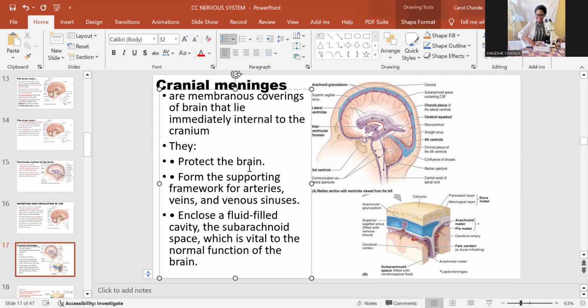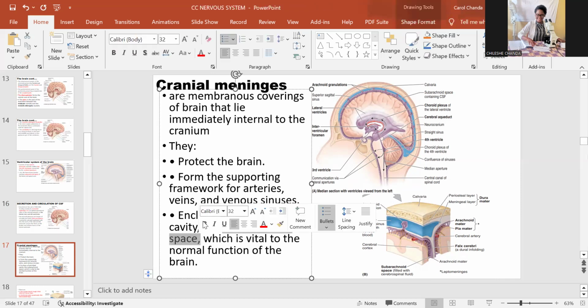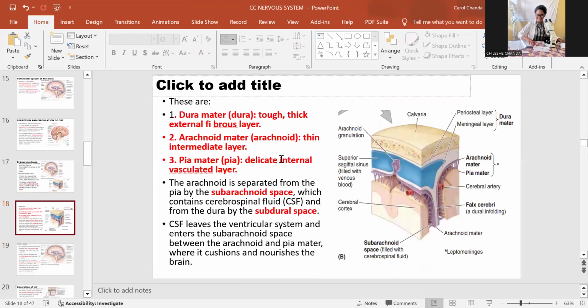They form a supporting framework for arteries and blood vessels, which pass through either the meninges themselves or the spaces between the meninges. The other function is that they enclose a fluid-filled cavity, known as the subarachnoid space. The subarachnoid space is vital to the normal function of the brain. Very, very vital.